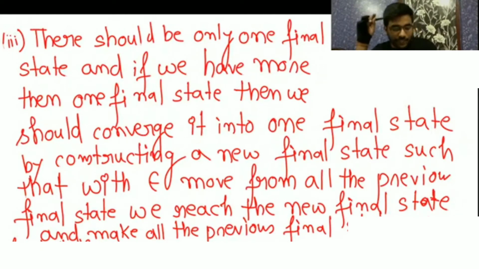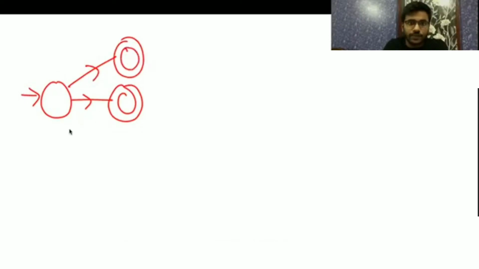So here I am saying that there should be only one final state, and if we have more than one final state, then we should converge it into one final state by constructing a new final state such that with epsilon move from all previous final states we reach the new final state and make all the previous final states as non-final. For example, this has more than one final state. Then how to convert it?